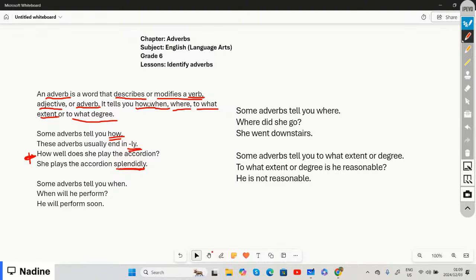So splendidly, and it ends with an ly. That shows us how well she plays the accordion. Splendidly. That is why I'm saying splendidly, carefully, hurriedly, beautifully. Those are adverbs that tell us how something is being done, or how something looks. But it just tells us how.